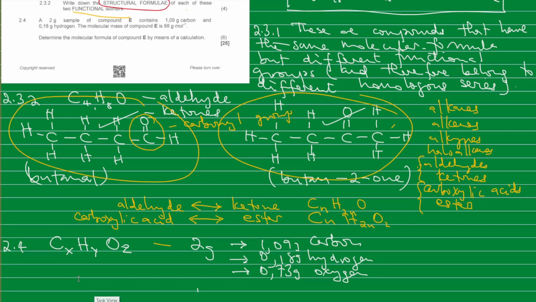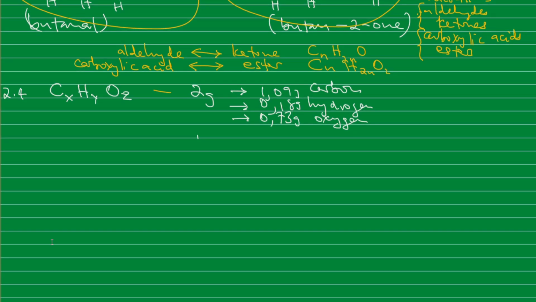Let me lay out this work as follows. We need to calculate the percentage of each element in the 2 grams. Let's look at carbon, percentage carbon. I've got 1.09 out of 2 grams times 100.